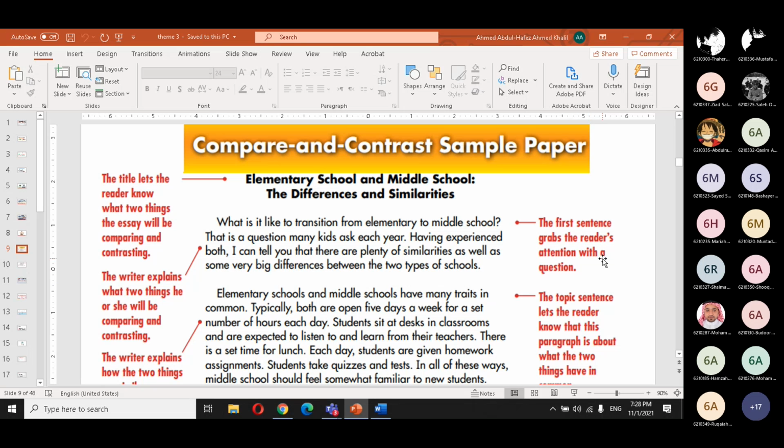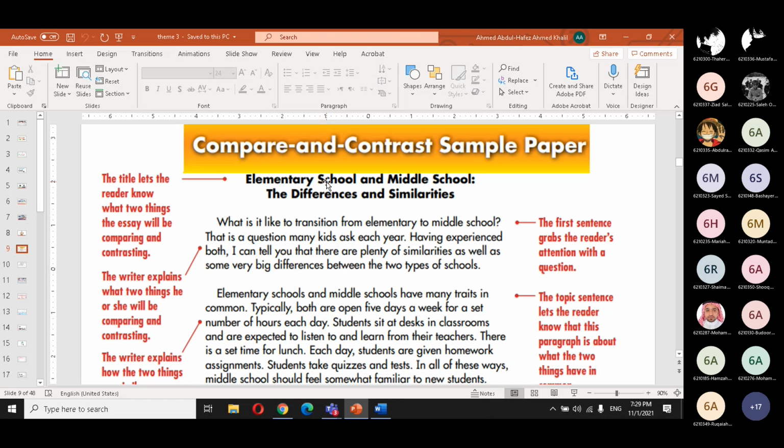قلت لكم أنا تقدر تعمل جملة عامة أو تقدر تعمل سؤال في البداية يعني to grab, to attract the attention of the reader. So here, what's he going to talk about? He's going to compare elementary school and middle school. Elementary school, something like primary school, and middle school, it looks like intermediate school.